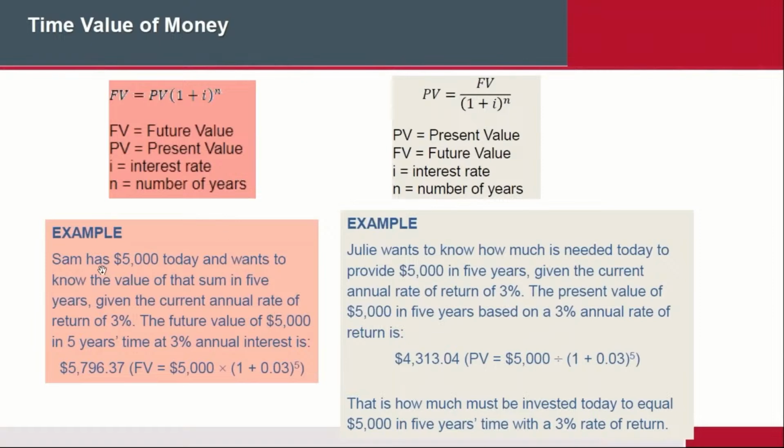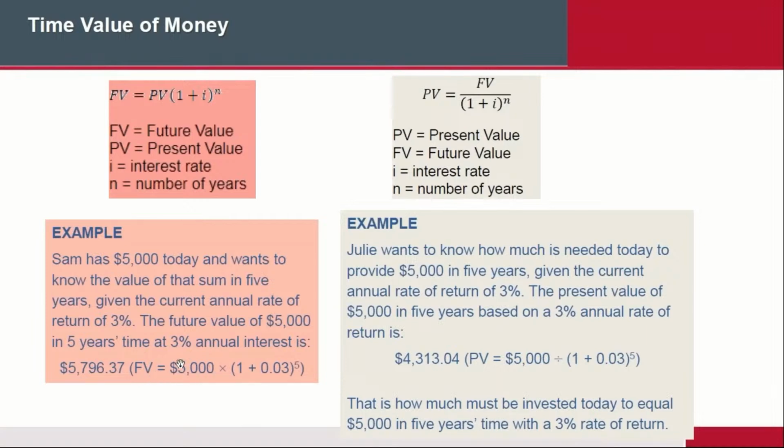Here, Sam has $5,000 today, and he wants to know the value of that sum in 5 years, given the current annual rate of return of 3%. So the future value of $5,000 in 5 years' time at a 3% annual interest rate is... here is basically the formula.